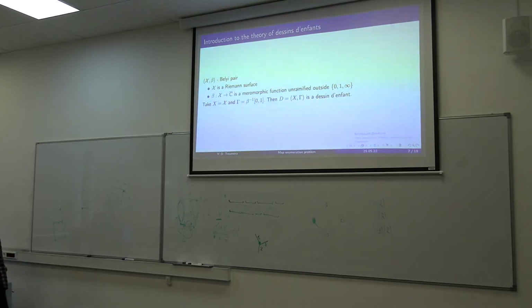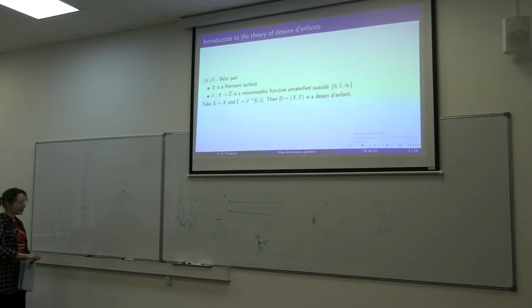So the most intriguing part that the whole theory started with is the connection with the Belyi pairs. If we take a Riemann surface and a meromorphic function on it, we can draw our graph by taking the pre-image of the segment from 0 to 1 on the sphere. So we have the covering. Actually, it is the covering of the Riemann sphere.